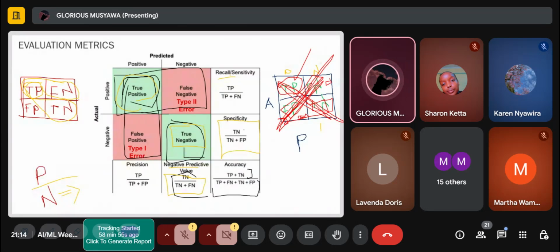You're more concerned about how the model is performing when classifying a particular class, especially in sensitive data like medical data. Let's say I'm checking if my patient has diabetes or not. I'm more focused on whether my model is sensitive. Is it really classifying diabetic as diabetic?